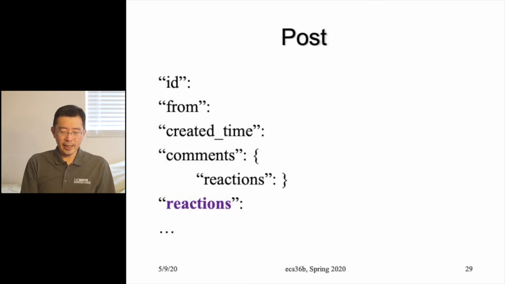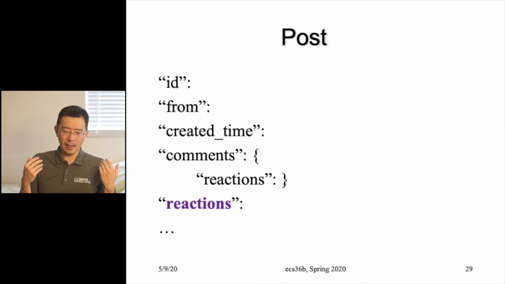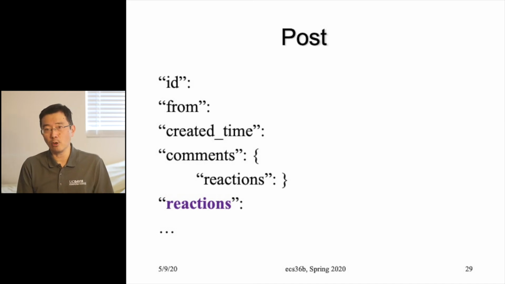In the following, I'm going to show you the example of reaction, because if you know how I handle reaction, the same way of accessing the object will be fairly similar for other types of objects.